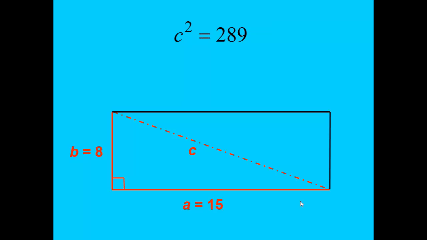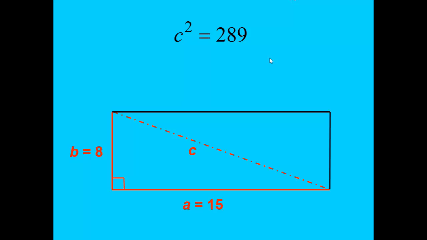Using our knowledge, we just added those two numbers together, so 225 plus 64 is 289. Now if you'll notice, I switched it to where c squared is on the left hand side. This is completely doable just because I like to read it with my variable first. But if you want to keep it as 289 equals c squared, either way means the same thing.